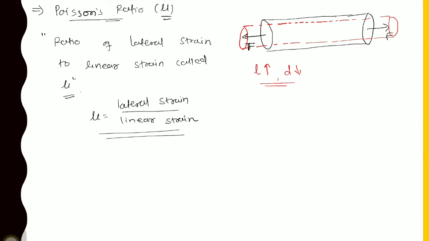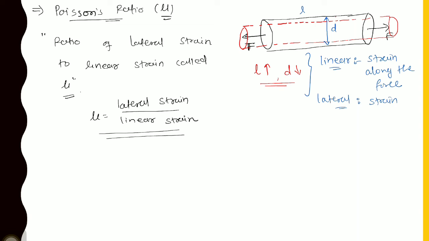Let's suppose the original length is L and the original diameter is D. So in this situation, linear strain means the strain produced along the force, and lateral strain means the strain produced perpendicular to the force. Okay, let's continue our session with the derivation of this one.